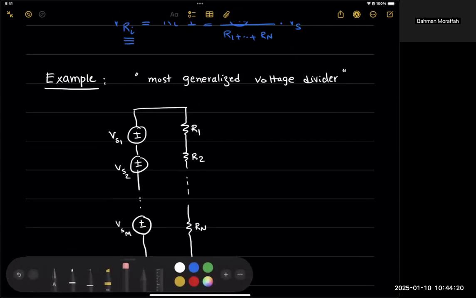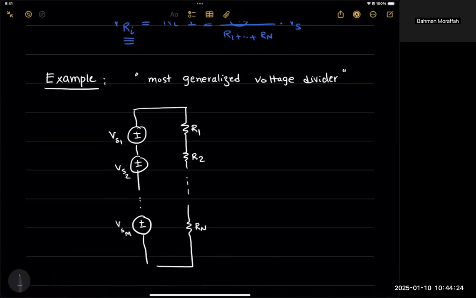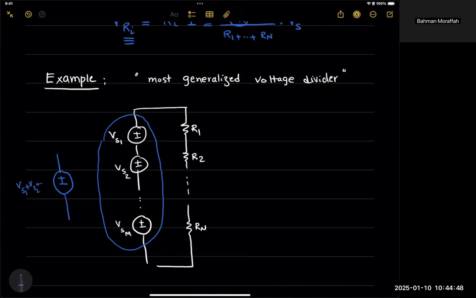What we can do here is replace the whole thing, according to the KVL, by another voltage source. Since all these voltage sources have the same polarity, with the negative on the bottom and the positive on the top, the value of this is going to be Vs1 plus Vs2 all the way to Vsm. And this is due to KVL.